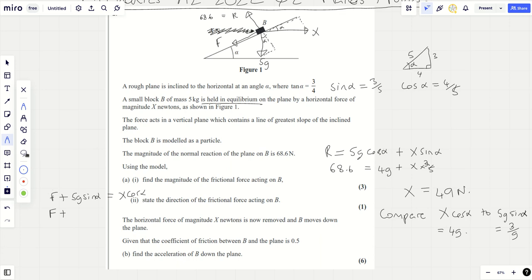Why did I write 3/g there? I'm finding it more and more difficult as I get older to talk and write maths at the same time without making mistakes. Okay, so I get 3g here, my x cos alpha is 4g, and therefore F equals g. So F equals 9.8 newtons, and the direction is down the plane.